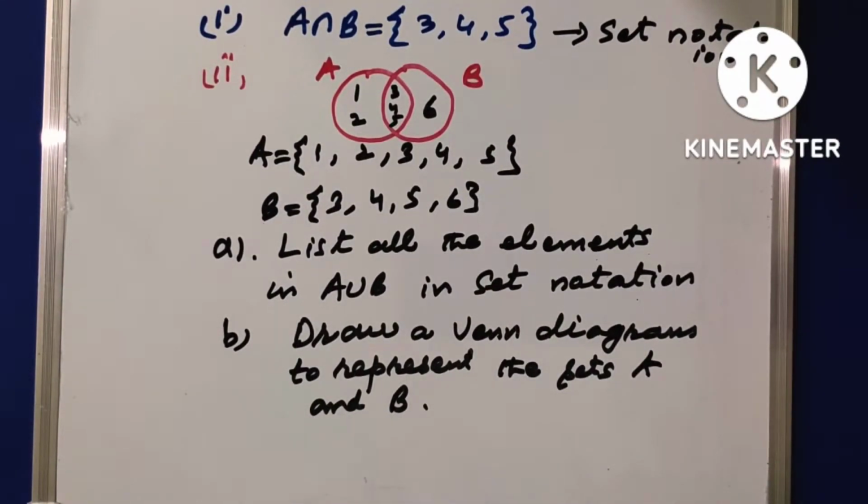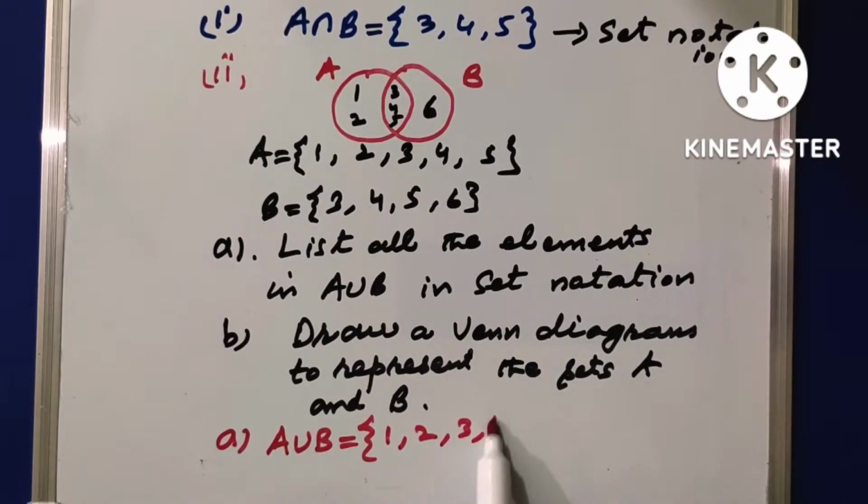As far as A part is concerned, we have to combine two sets, A union B. That will be 1, 2, 3, 4, 5 and 6.